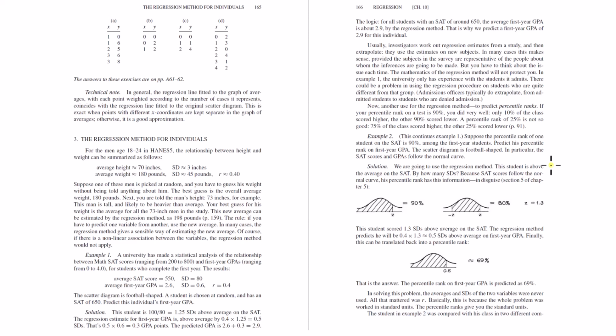That's z-scores. So, all right, if this student was at the 90th percentile rank on the SAT, how many standard deviations above average was this student? Let's start with that because we're trying to estimate his first year GPA.